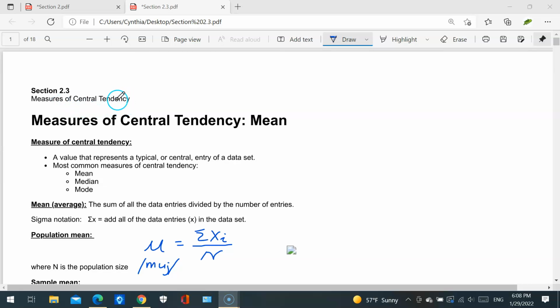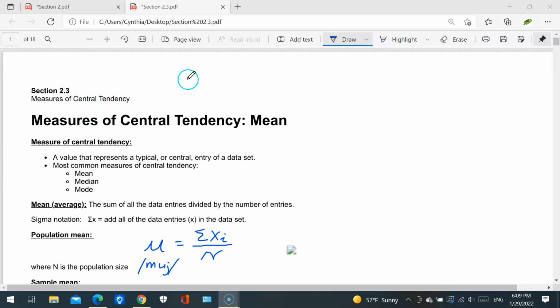In 2.1, we learned how to summarize the data into a frequency distribution table and how to visualize it, how to create the histogram, and how to create the polygon or ogive graph. In Section 2.2, we went over the stem and leaf plot, and we also learned the pie chart, dot graph, and scatter plot. Now in 2.3, we want to start to learn the central tendency.